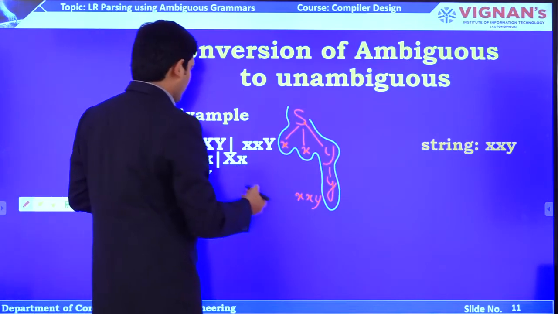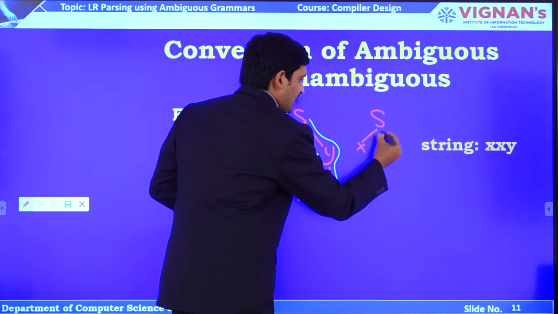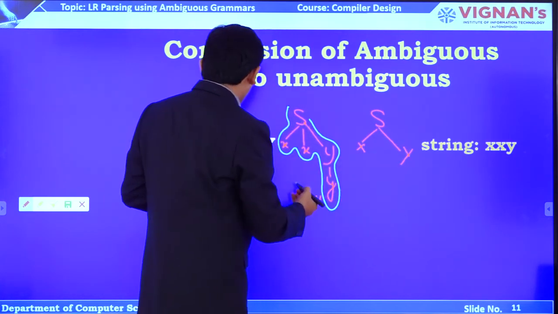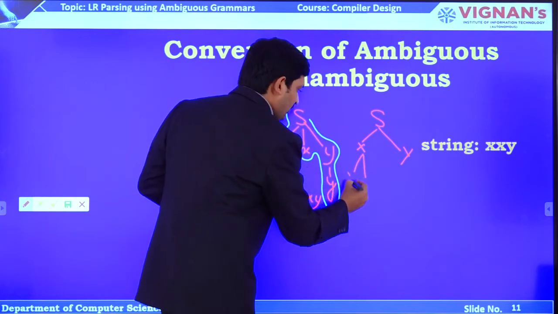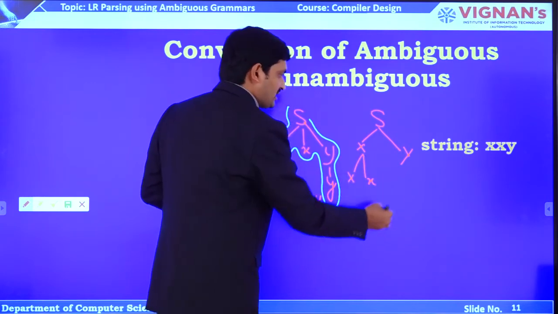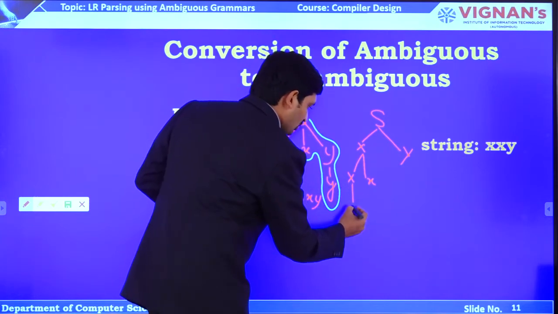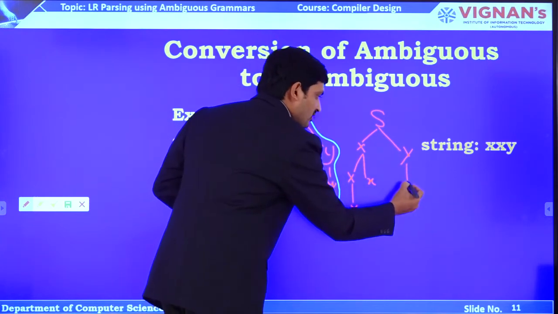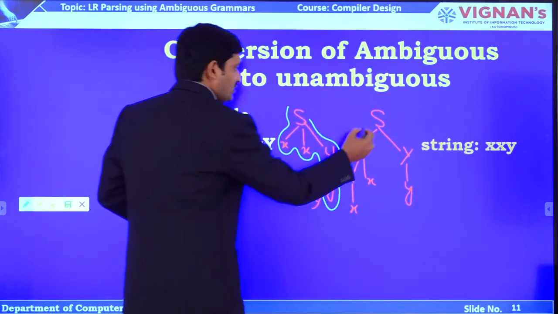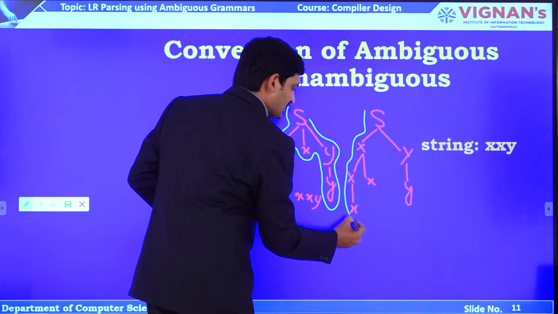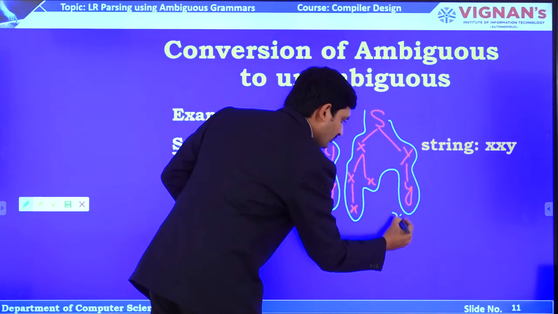Now come to the next one. S tends to capital X and capital Y, where capital X tends to capital X and small x, and capital X tends to small x, and capital Y tends to small y. So this is another parse tree. It is also going to generate the same string x, x, y.